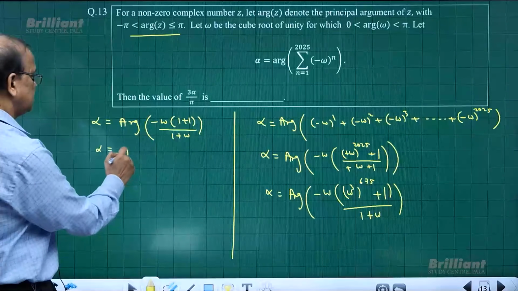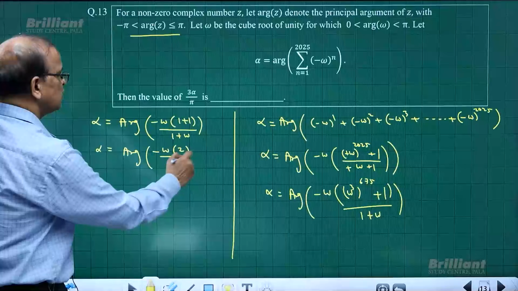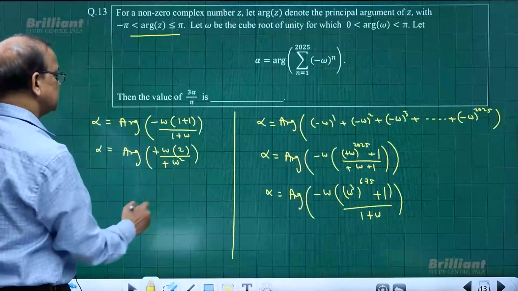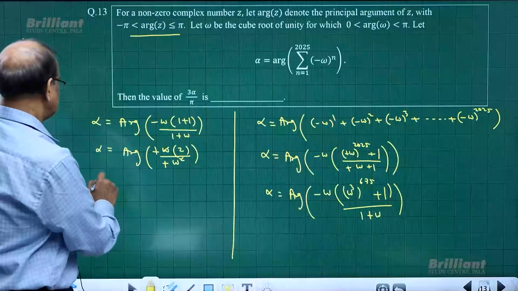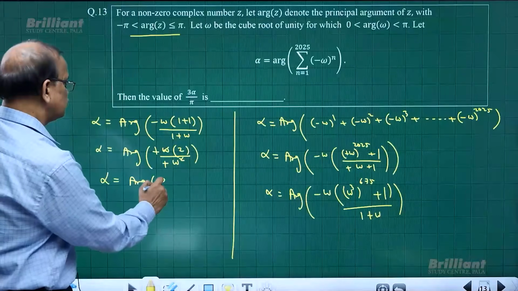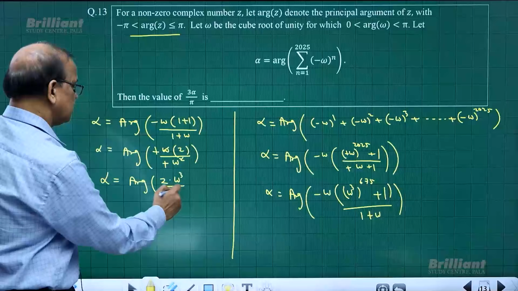So, argument of minus omega, this is 2 minus omega square, okay, cancel. So, omega cancels. So, argument of 2 into 1, you can write omega cube by omega, right.